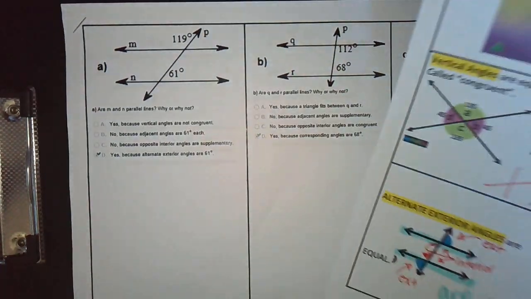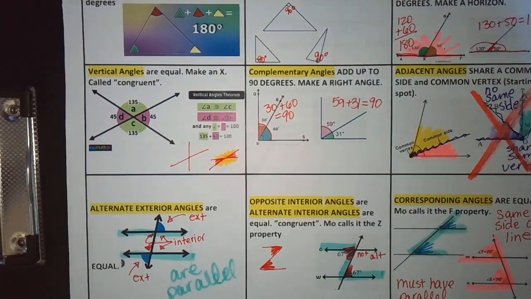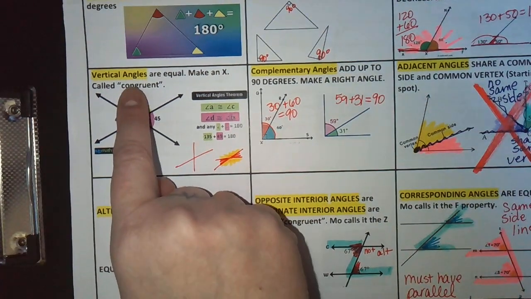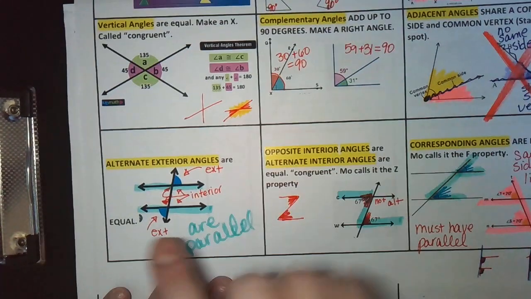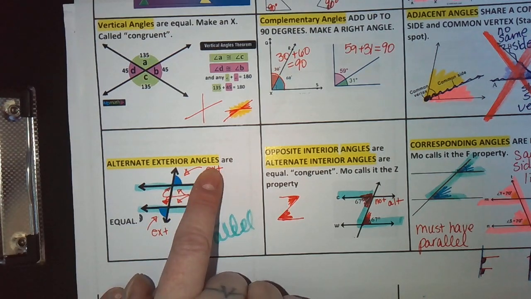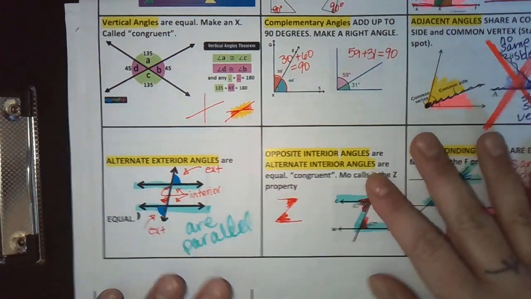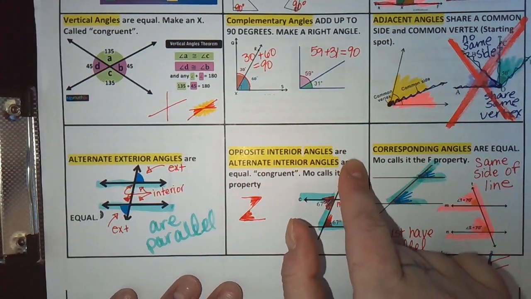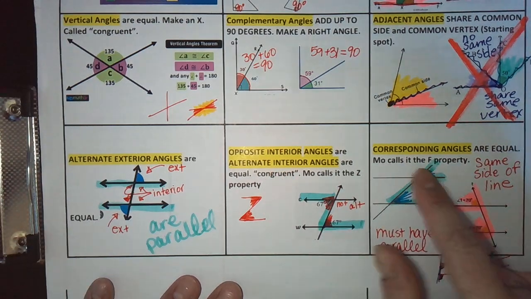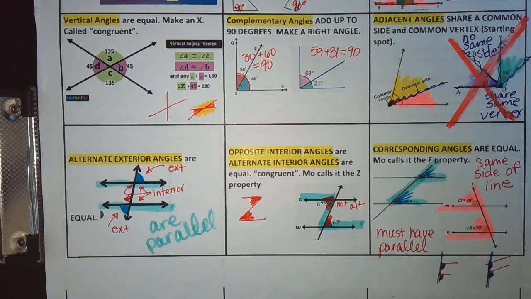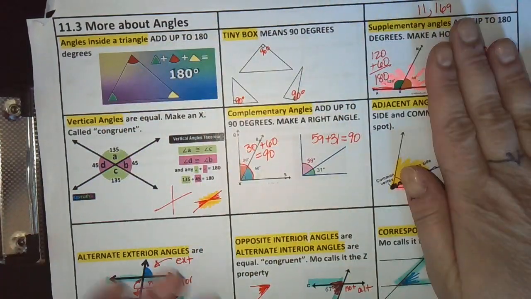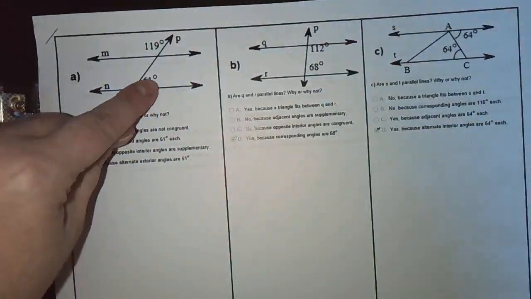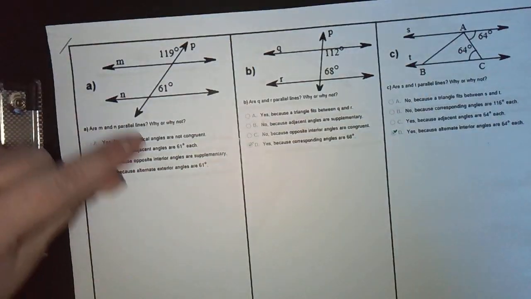Well, they're only parallel lines if their vertical angles are equal, or their alternate exterior angles are equal, or their opposite interior angles are equal, or their corresponding angles are equal. So we're going to check all this for each picture, but we're not actually going to check all of them. We're just going to check the answer choices.